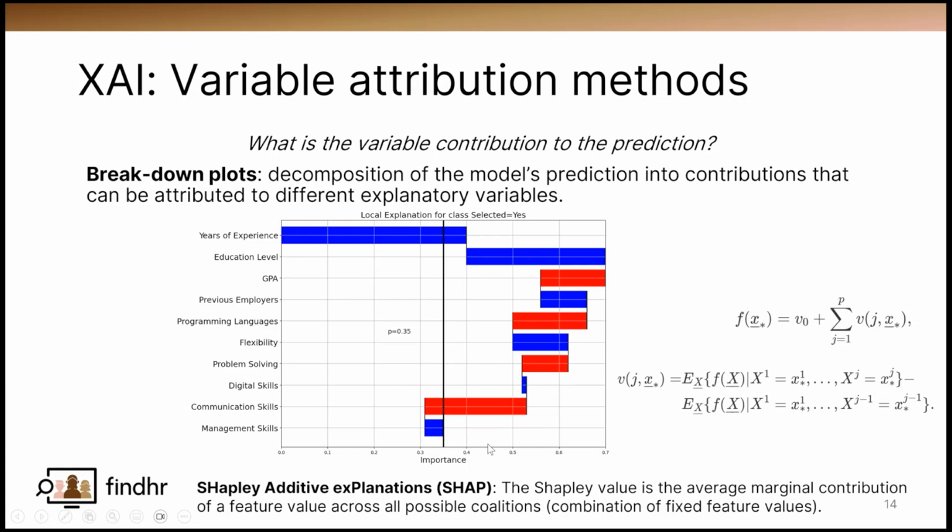You may easily figure out that enumerating all possible combinations is very expensive because there is a factorial number of such permutations. So there are some approximations. SHAP is a library which implements this approximation.